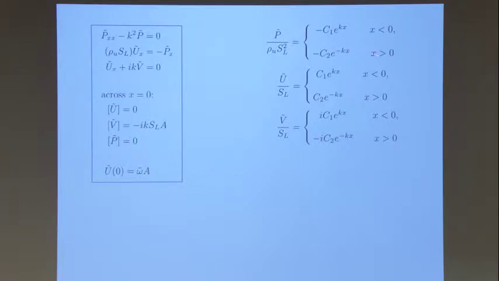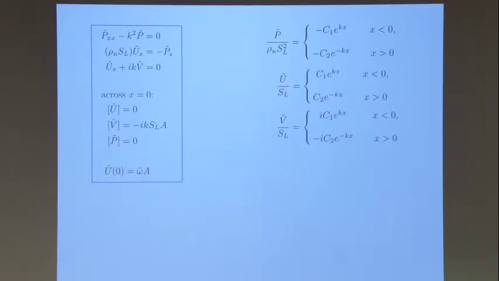And e to the minus kx cannot survive for x positive, so you kill it. So there is only e to the kx here and e to the minus kx there. The two constants are not known. Then you go to the equation for u. You see that u is essentially like p by differentiation, with the exception of a minus sign. And then v is going to be the derivative of u divided by ik, so you compute it.